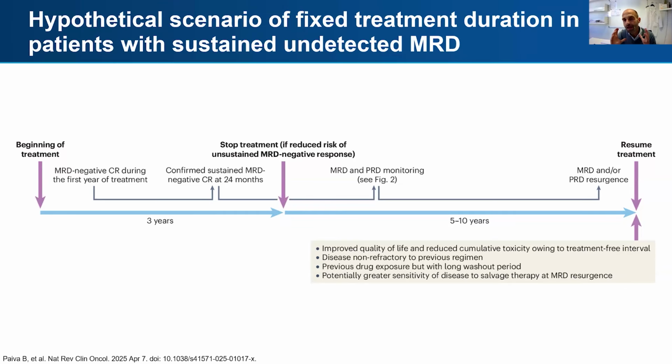Now, if we are able to reach what is currently, I insist, a hypothetical scenario, this implies a very long period in which the patient will undergo continuous monitoring. And like I said, if we are trying to improve the quality of life with a treatment-free interval, we cannot decrease quality of life with multiple bone marrow aspirates for MRD assessment.